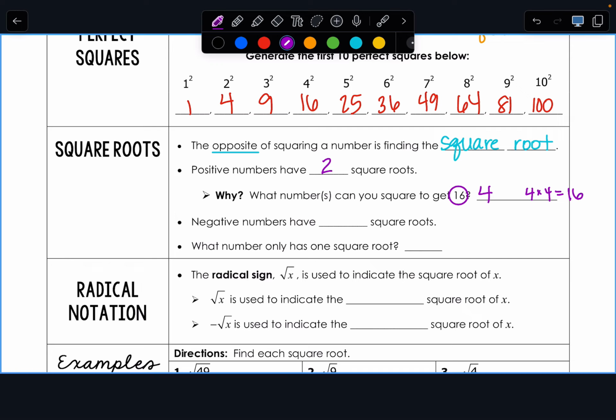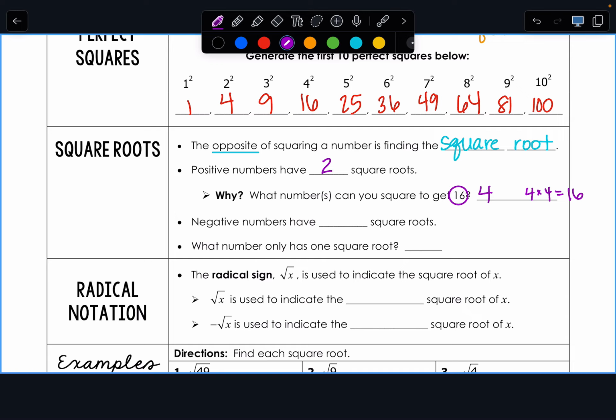But it says that there's going to be 2 answers. So what else squared is 16? What other number times itself would give us 16? 2 squared is 4. 8 squared is 64. I want a number times itself to equal 16.